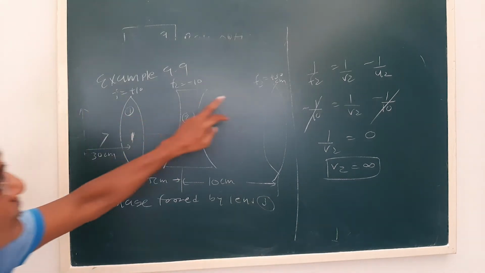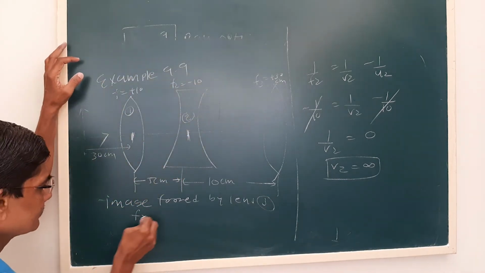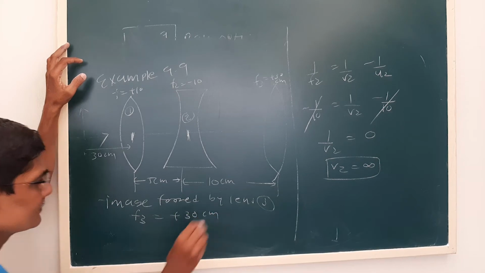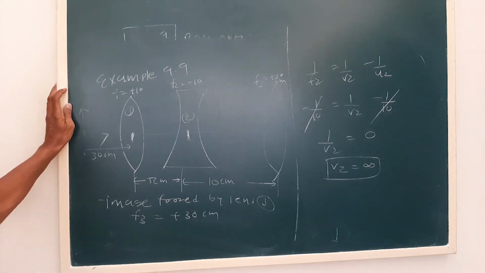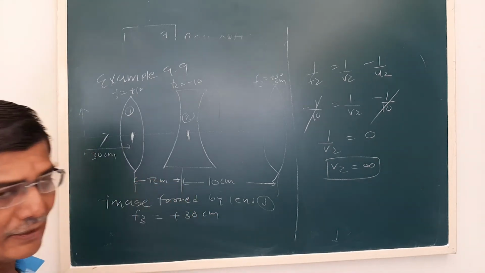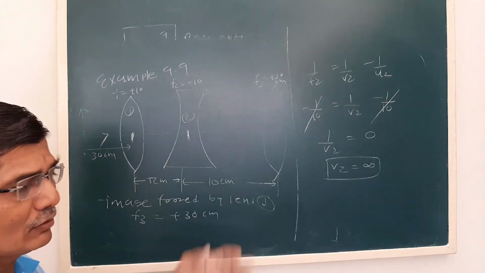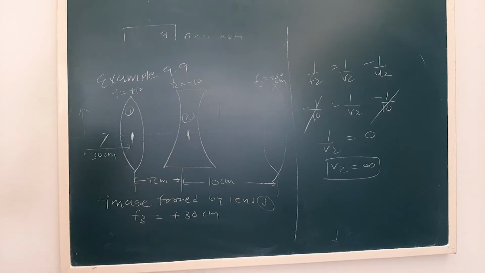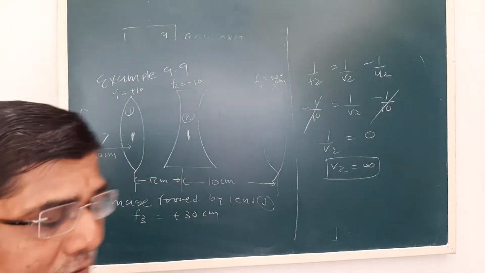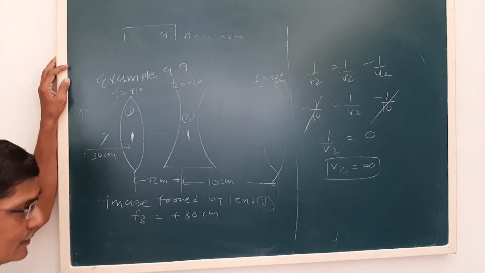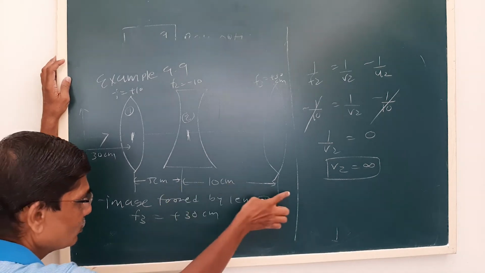Now see, the next is the image formed by lens 3. The focal length is 30 centimeter. For the second lens we subtracted the distance between lens 1 and 2. Now for the third lens, from the image formed by the second lens, we have to subtract the distance between lens 2 and lens 3.